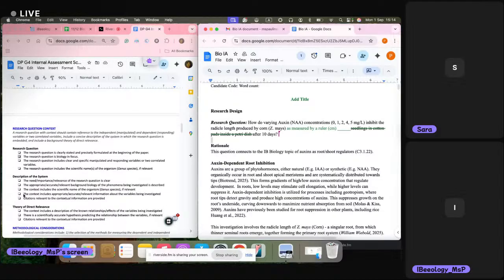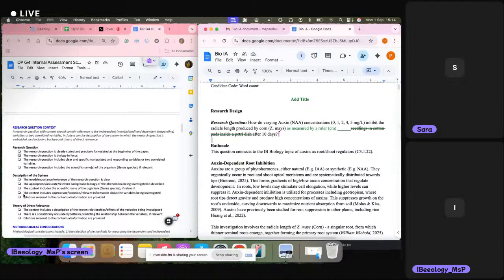And let's see. The research question includes clear and specific manipulated and responding variable, or two correlated variables. So I could see that: concentration versus radical length. Okay, so we want to see any relationship or correlation, right? And the organism.